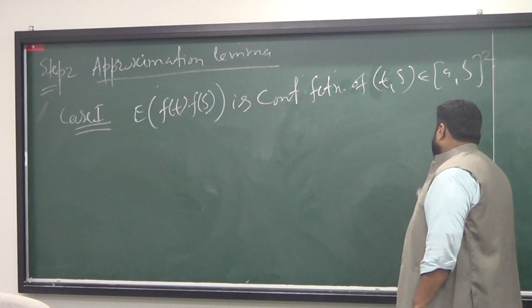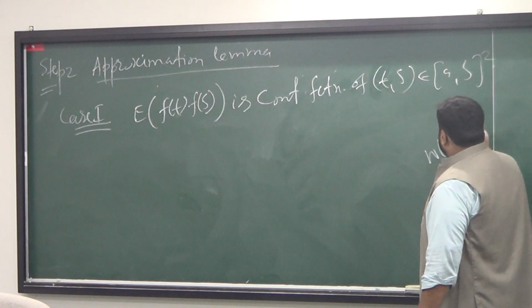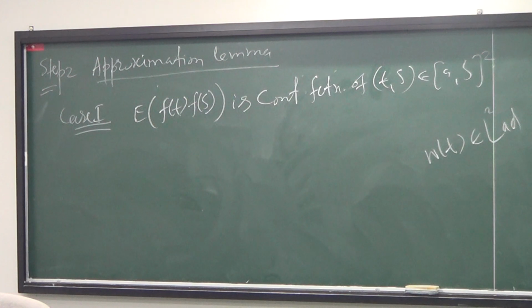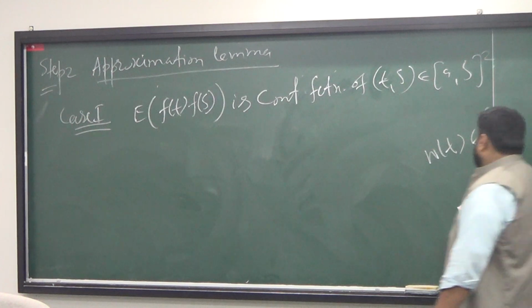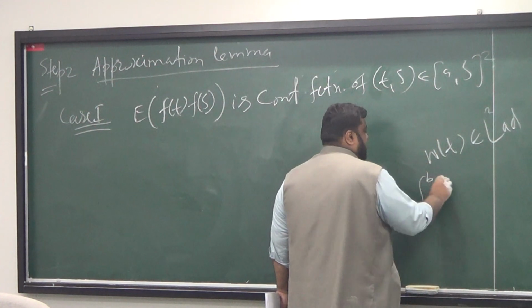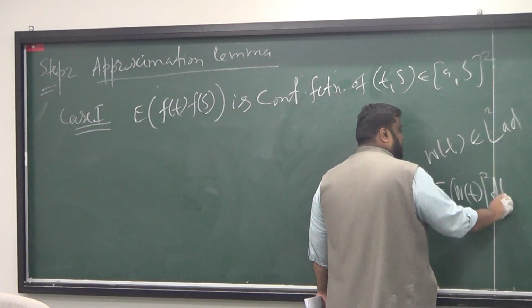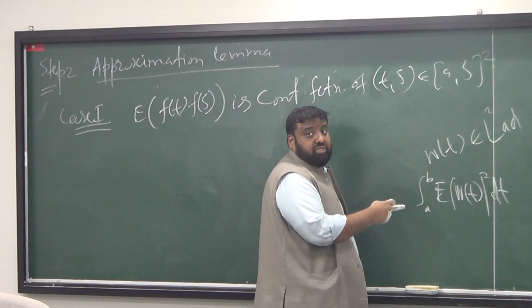By the way, you can ask an even more basic question: W(t) is an element of L2AD, so is it adapted? We have assumed the adaptedness. Does it satisfy the definition, that if you take, for example, the expectation of W(t) squared dt from A to B, is it finite for this process?